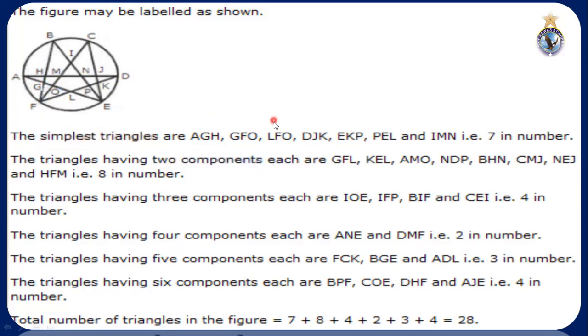Then we count LFO, one more triangle. Then DJK, this one is the smallest triangle. Then EKP.